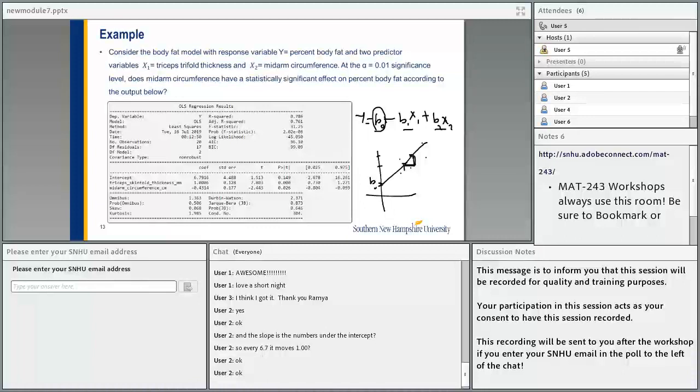I mark these two places. I find the corresponding y values in my graph, and then I take the same 2 points and find the corresponding x values on the x-axis. Then I divide the change in y over the change in x. That is my slope, and that's the value which I would get for B1, B2, B3.